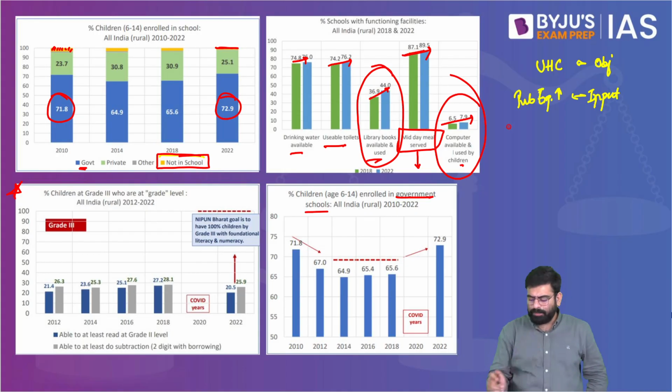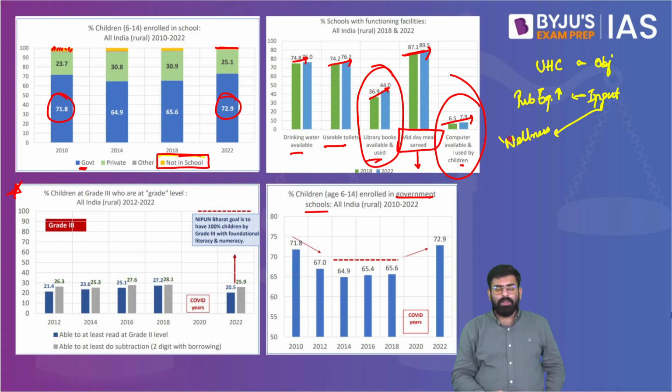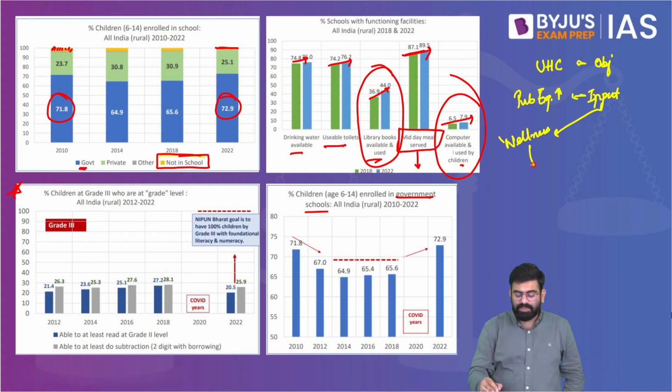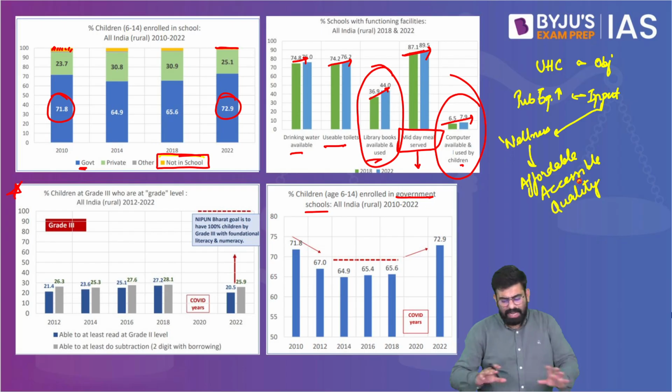With this input, they can now open more wellness centers, Ayushman Bharat centers, which will basically be the output. The output from these wellness centers will be affordable, accessible, and quality healthcare, which is your basic objective. And we generally limit our understanding till here.